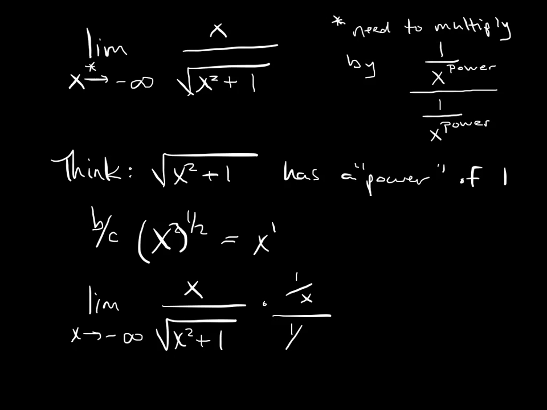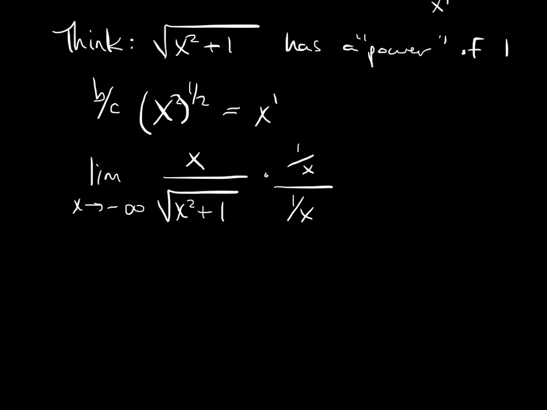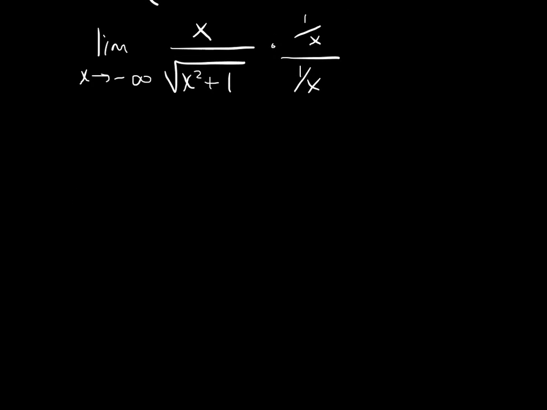Now, the next issue of trickiness is how does 1 over x talk to the things under the radical?